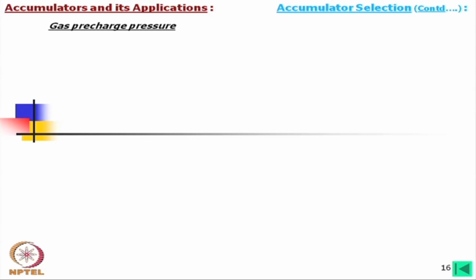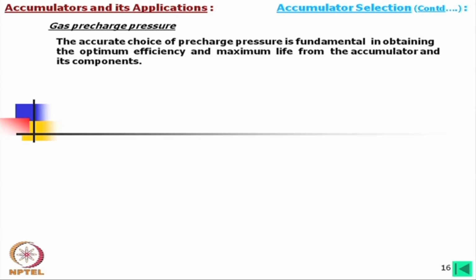Now, we will look into the gas pre-charge pressure. The accurate choice of pre-charge pressure is fundamental in obtaining the optimum efficiency and maximum life from the accumulator and its components.